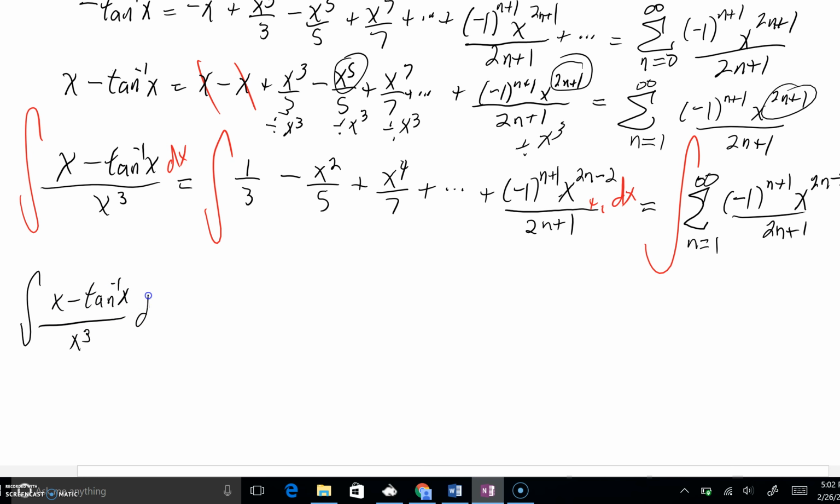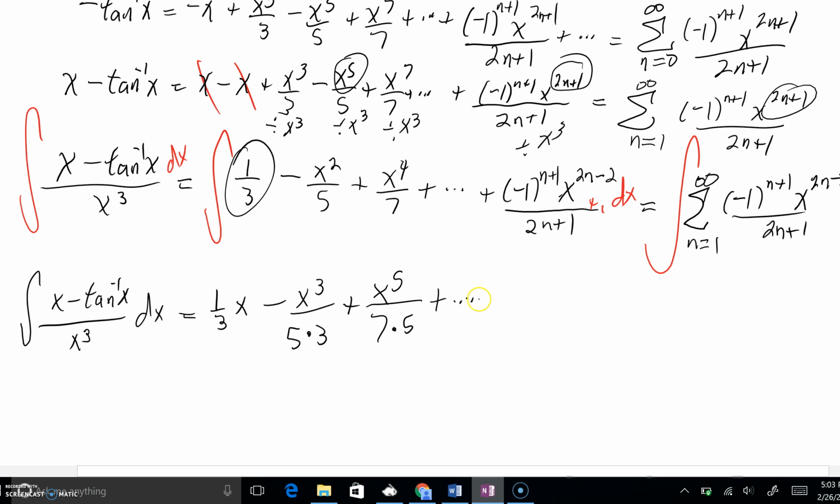What is this thing? Well, do the reverse power rule everywhere. We'd have 1/3 with an x. Here we'll have x to the 3rd all over 5 times a 3. Notice I didn't turn it into 15. Here I'll have x to the 5th. Down below I've got 7 times a 5.